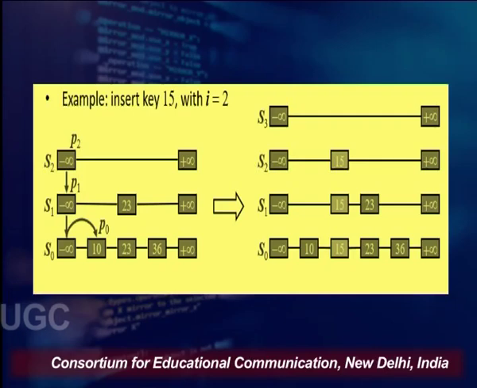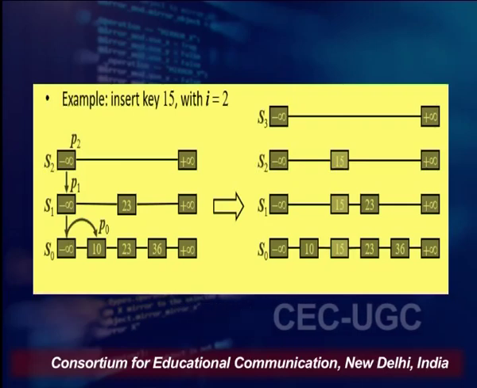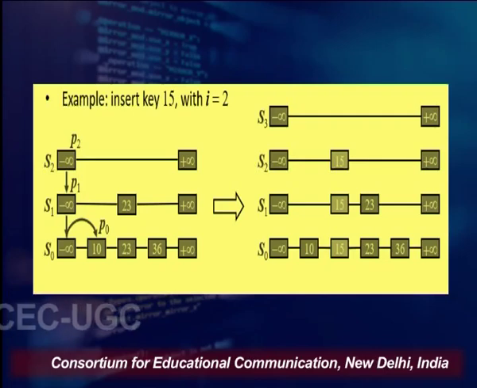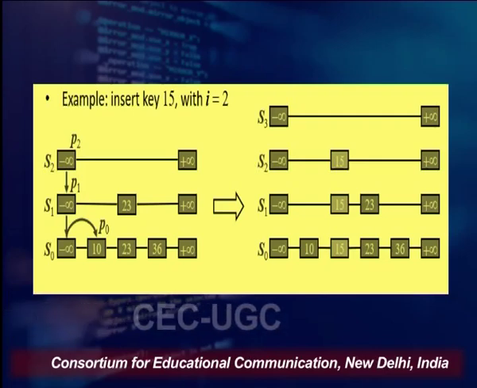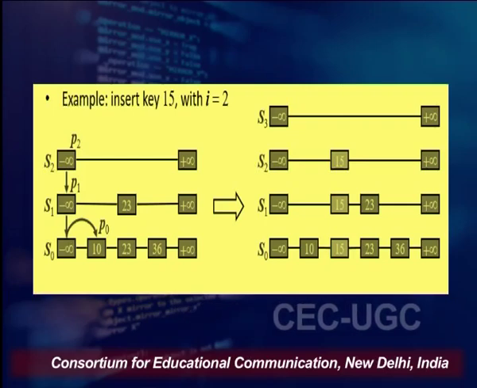By going in the down direction, I have come to the lowest level, which is S0, as you can see in the figure, and then I will be inserting 15 after 10. So, 15 is actually inserted here.